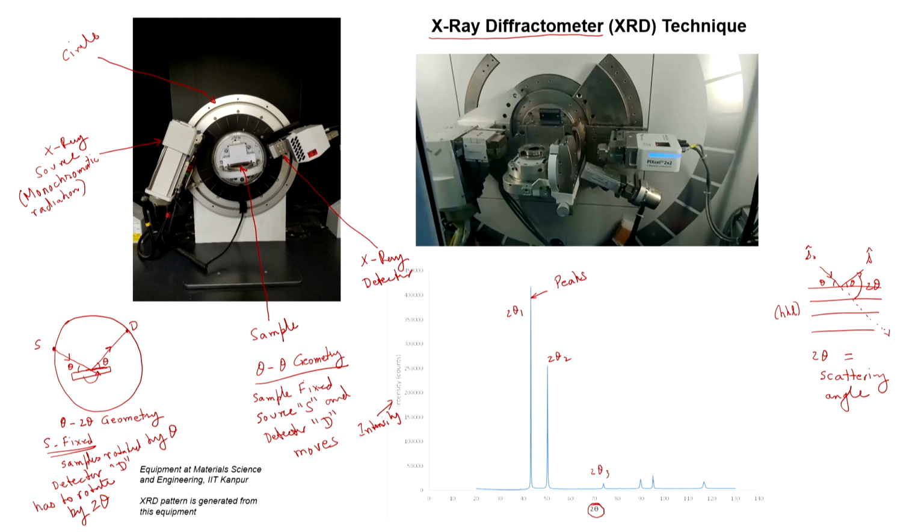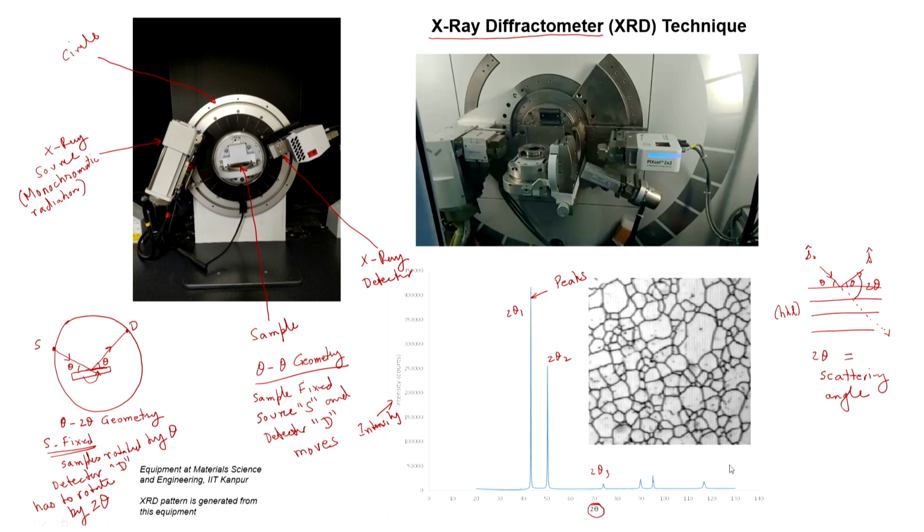Before concluding, I also want to say a few things regarding the sample that is used. In this case, what we have used is a polycrystalline sample. This is the surface of the sample. Now, what is a polycrystalline sample? Well, a polycrystalline sample consists of grains, each of which is nothing but a single crystal.